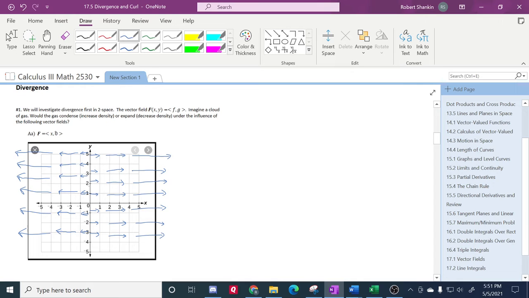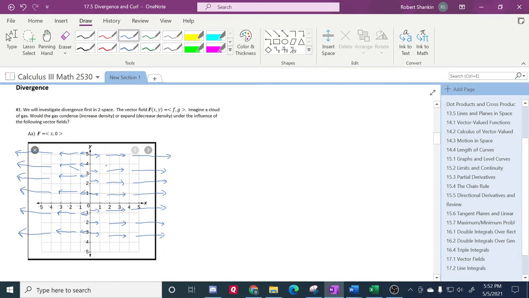Every vector has a y component of 0, meaning it's horizontal, but the ones that start further from the x-axis go further, and the ones really close to the x-axis hardly go anywhere. These shouldn't be bumped right up against the x-axis, they should be a little bit over. Sorry about that, because right at the x-axis it would be a vector of 0. And when they're negative, they go in the negative direction. Positive, they go in the positive direction.